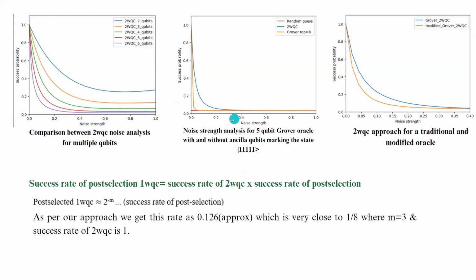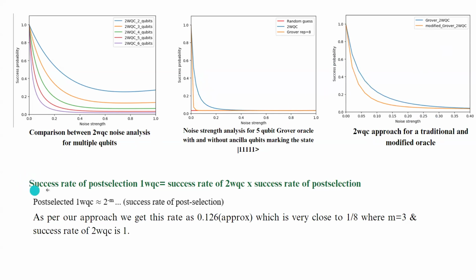So for marking the 1111 state, this is for the circuit with 3 extra ancillary qubits. As you can see, the 2WQC version, the blue line, is better when compared to the normal classical Grover's operator. And the rightmost one is for the multi-control Z gate without any ancillary qubit, and it has better noise resilience than the one with 3 ancillary qubits because of fewer gate operations.